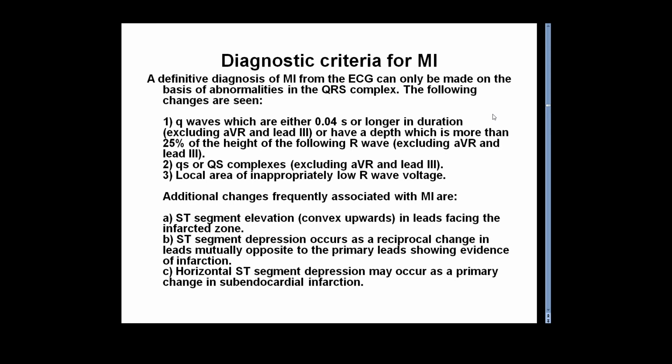QS complex, characterized by transmural MI when the R wave is absent. A local area of inappropriately low R wave voltage. Additional changes frequently associated with acute MI are ST segment elevation and ST segment depression. Horizontal ST segment depression may occur as a primary change in subendocardial infarction.